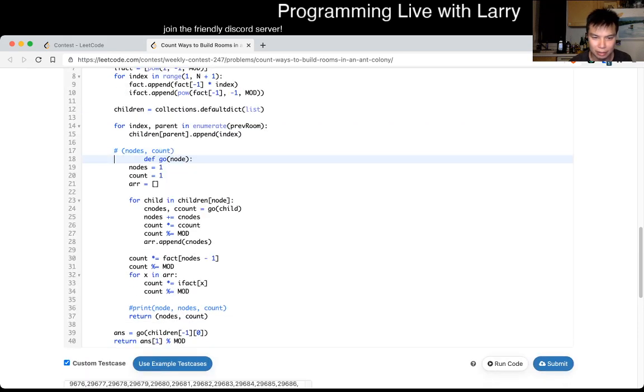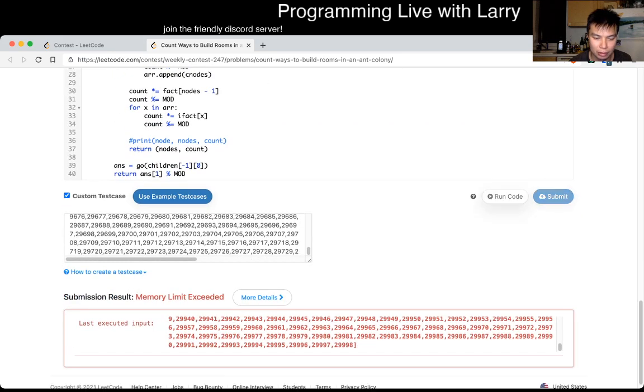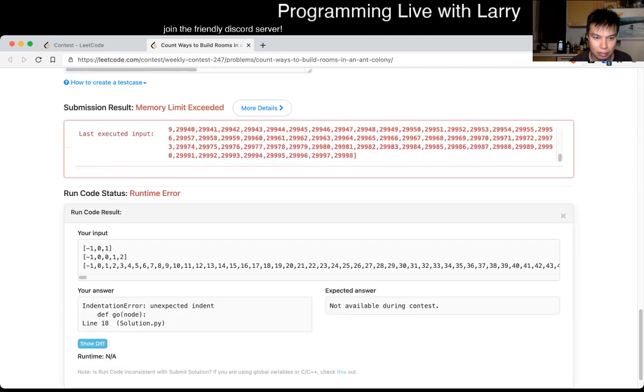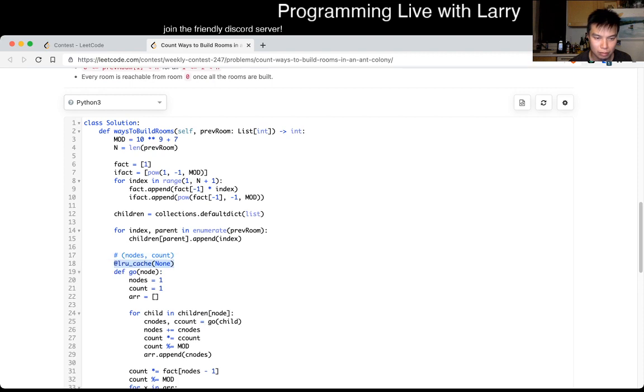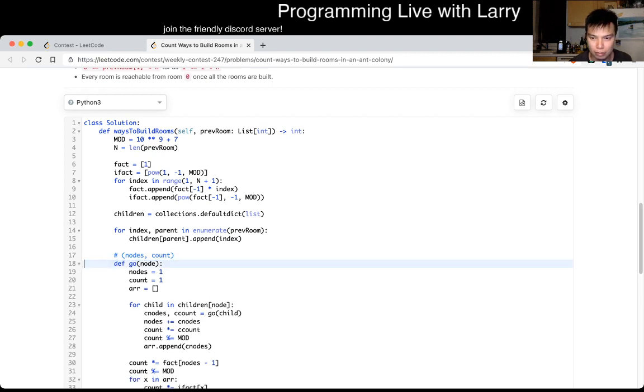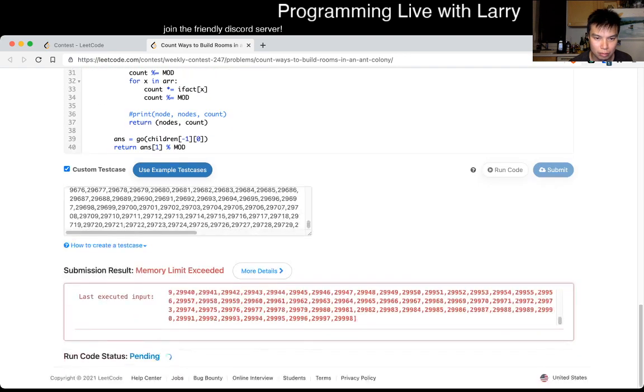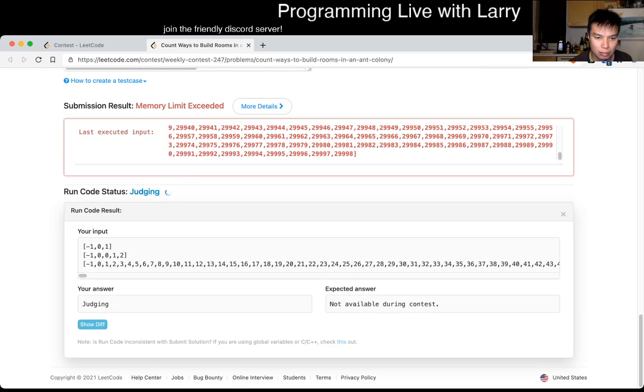Did I submit it? Was that? No, that was just a run code. I have some ideas about how to fix it, but it's still really annoying.